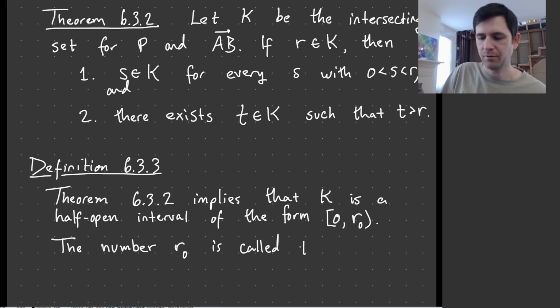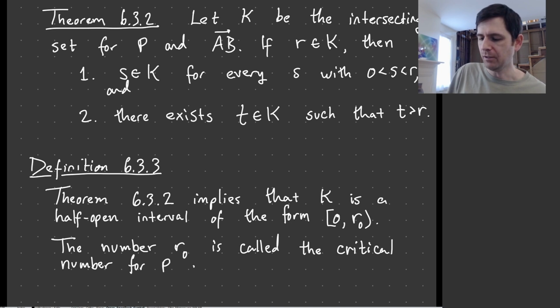This is called the critical number for P and AB.